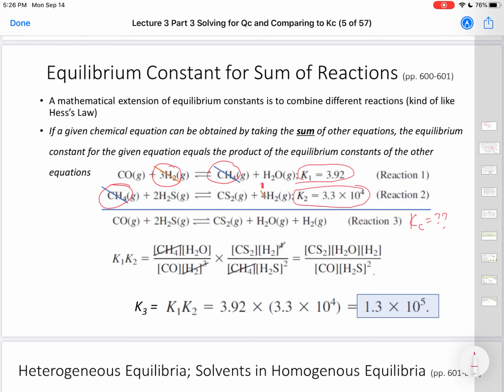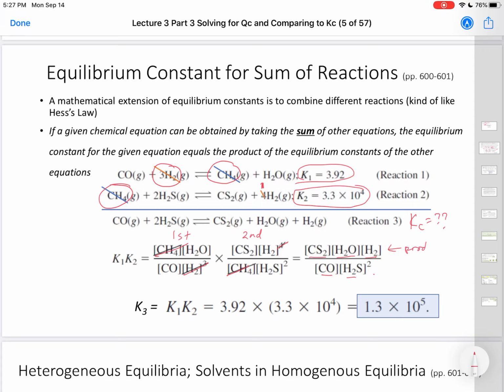Well, if you multiply these two Kc's together, let's call them K1 and K2, the products over reactants for the first reaction and the products over reactants for the second reaction, notice your CH4 concentrations cancel out and 3 of your H2 concentrations cancel out. So what you are left with is your CS2, your water, and your H2 at the top, and your CO and H2S at the bottom.